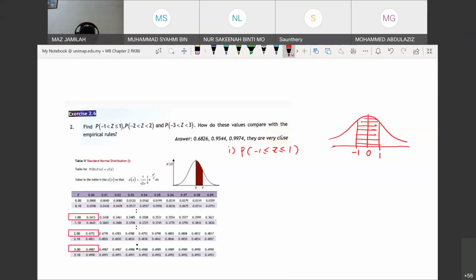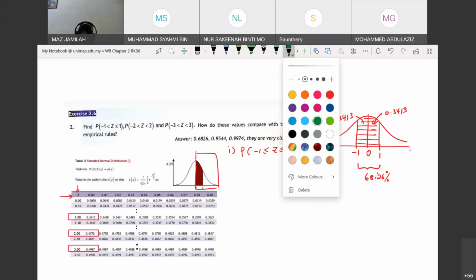Since we are using the positive side of our distribution, 1.0 is the value of z, in the first column and the first row. This is referring to the z value. 1.00 gives 0.3413, and here also 0.3413. If you add this together, this will give you 68.26%.